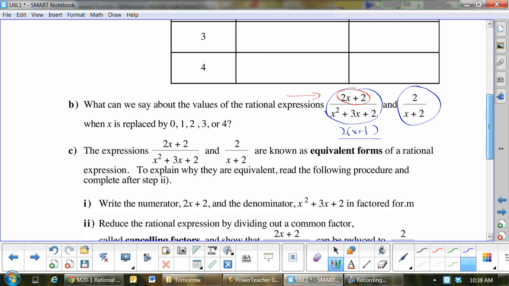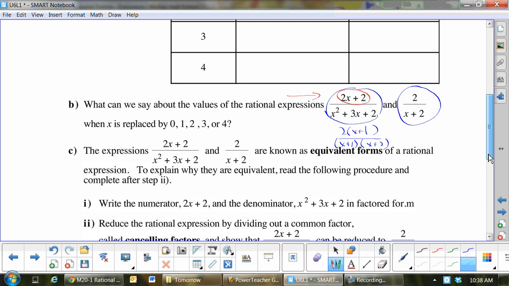Now, what would be the bottom? Remember, I'm looking for two things that add to 3, and multiply to give me 2. What would it be? 1 and 2. So then, x plus 1 times x plus 2.